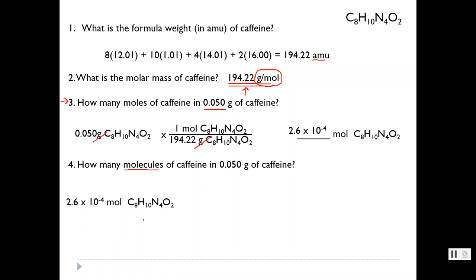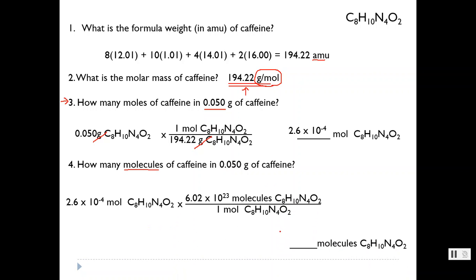So I can start my conversion problem with the moles of caffeine that I calculated in number 3, because that's how many moles are in 0.050 grams. Write down the unit I'm looking for, and then write down my conversion factor, which is Avogadro's number. Write it down appropriately so my units cancel. I'm left with molecules of caffeine in the numerator, which is what I'm looking for. Once you do that multiplication, you should get 1.6 times 10 to the 20 molecules of caffeine.